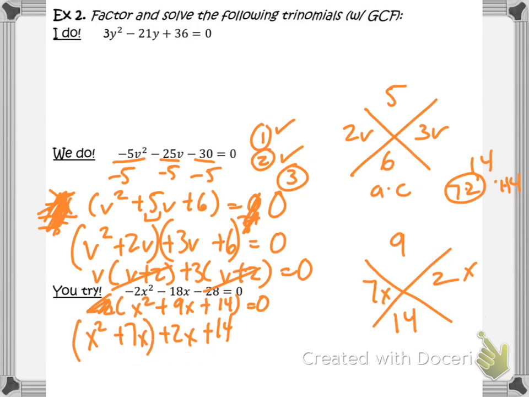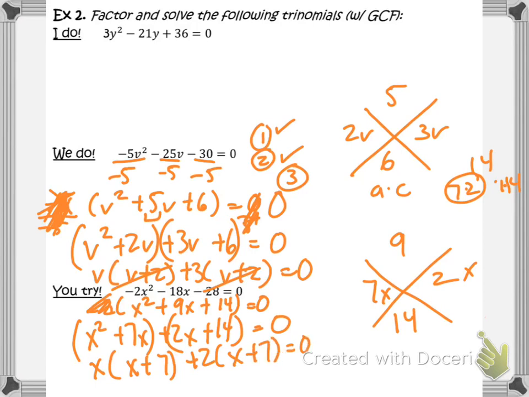Alright, factor by grouping. First two terms, I can factor out x, and I'm left with an x plus 7. Second term, I'm going to factor out 2. I'm getting brain dead. I have x plus 7 equal to 0.